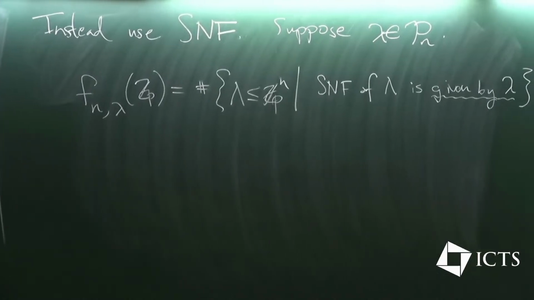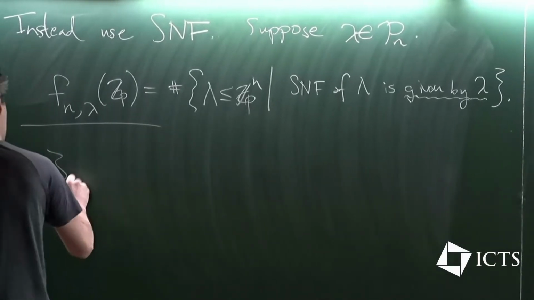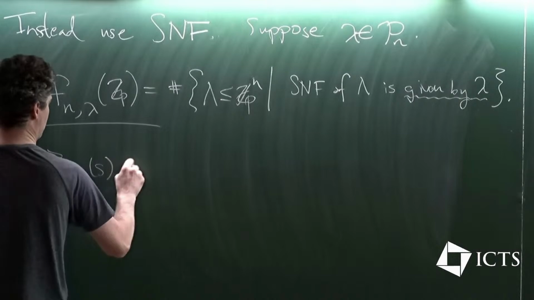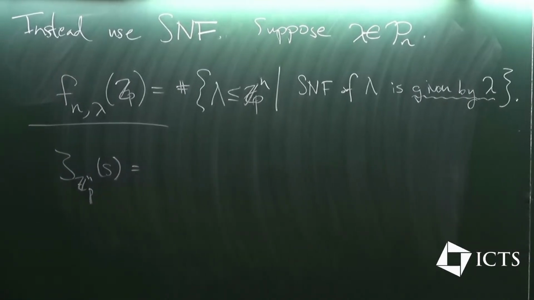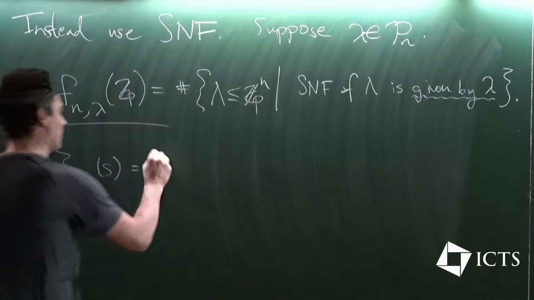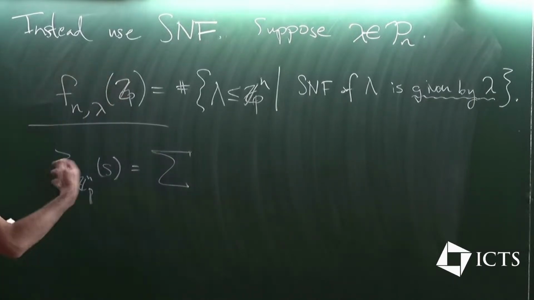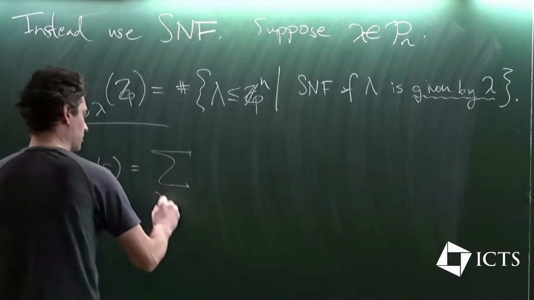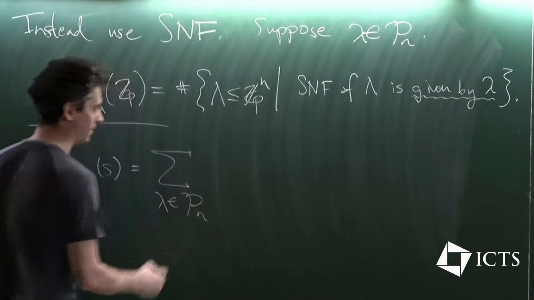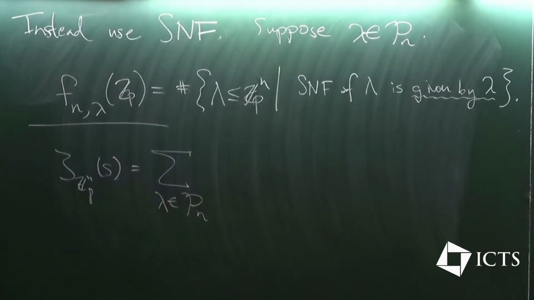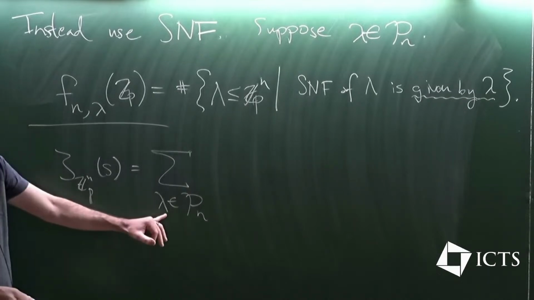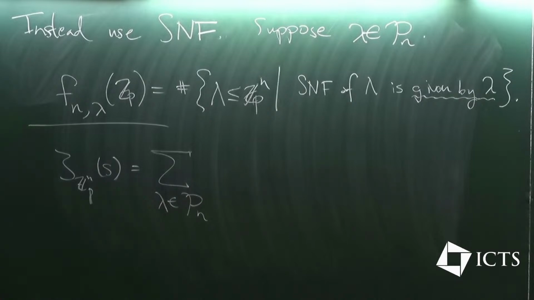Okay, so we have this Z_p^n. And what can we do? Well, we can count all these sublattices by Smith normal form. Let's determine a partition lambda in P_n. We're going to sum over all the lambdas in P_n, and we want to count all the lattices with this particular Smith normal form.